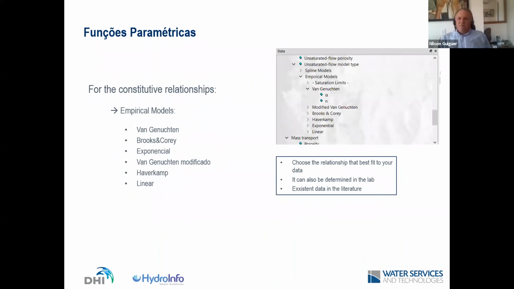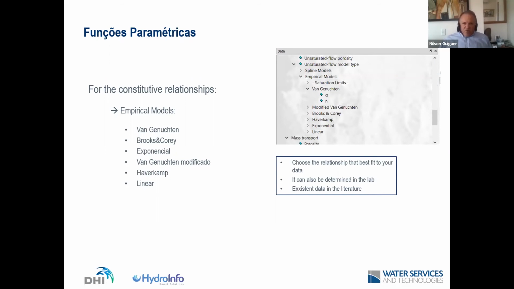The standard Van Genuchten has just two parameters: alpha, which is the inverse of the height of the capillary fringe, and the fitting parameter n. If it's modified Van Genuchten, it needs two more, but basically it's a fitting equation. But the nice thing about Van Genuchten is that he published the suggested alpha and n for thousands of different variations of soil. So it's very well used.